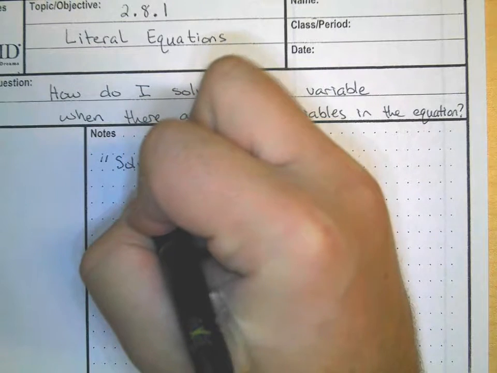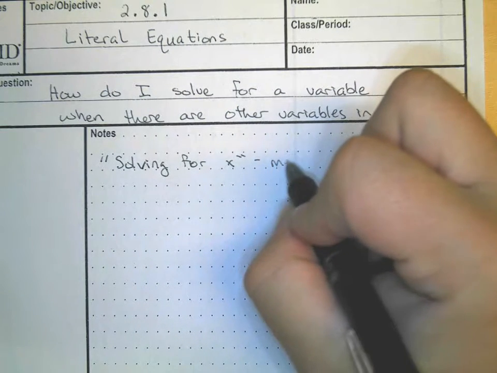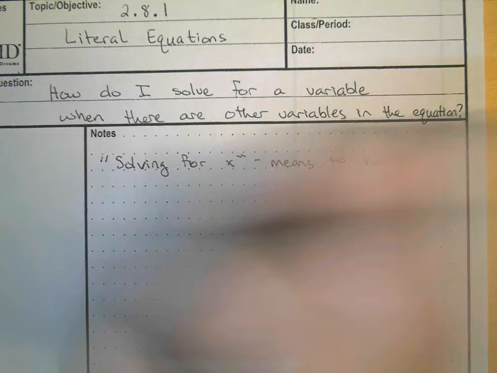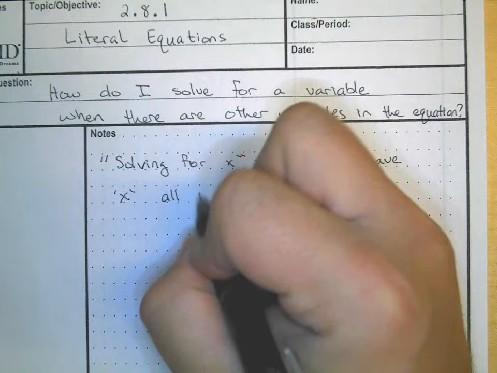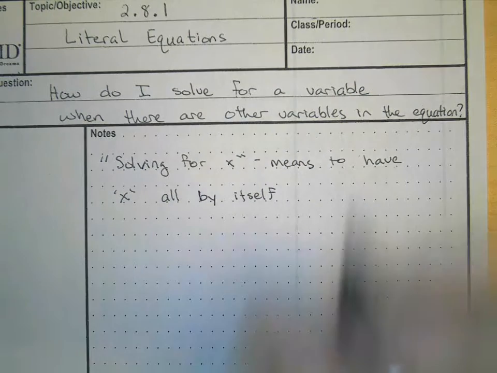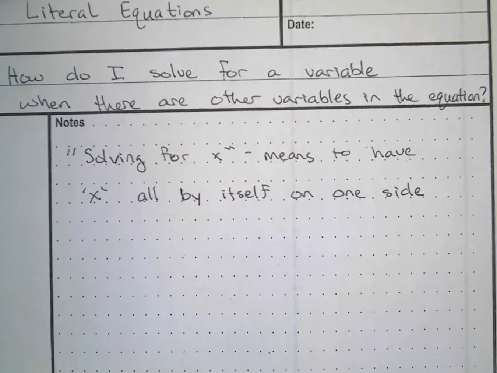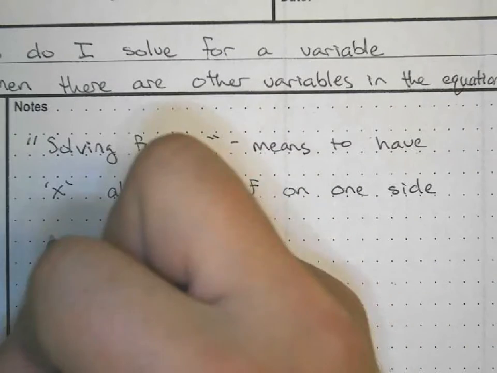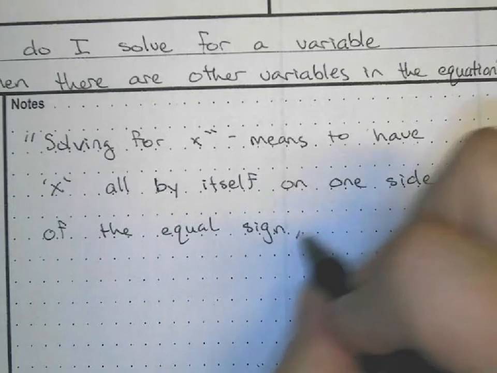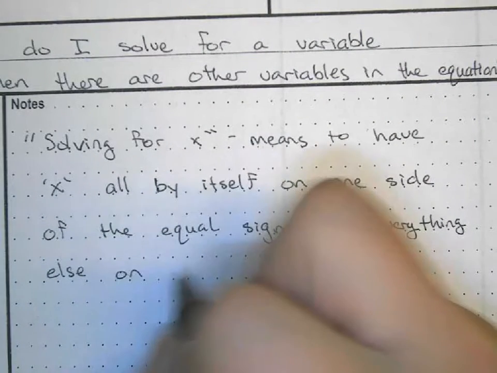If I say solving for x, what that means is solving for x means to have x all by itself on one side of the equal sign and everything else on the other.